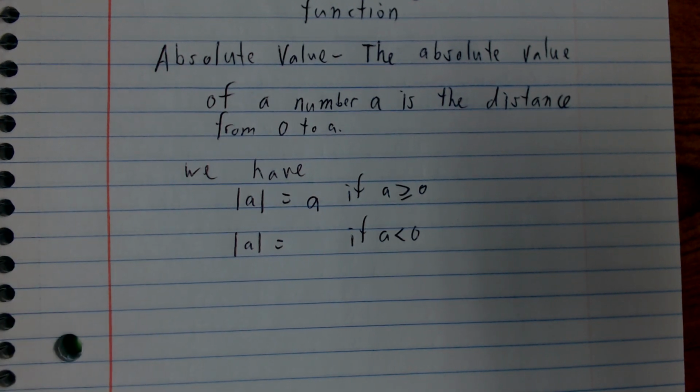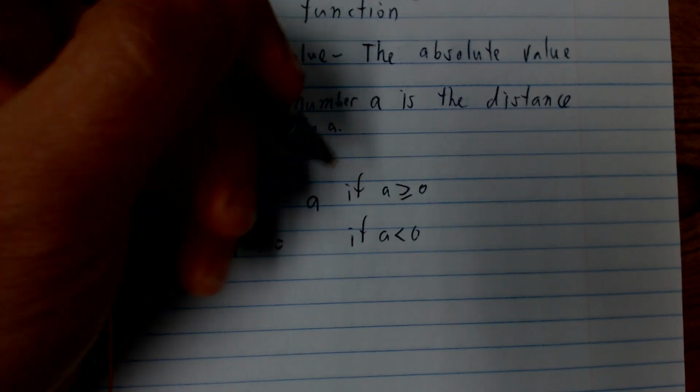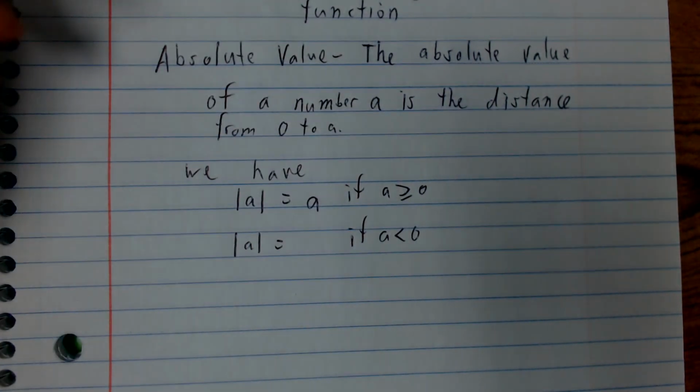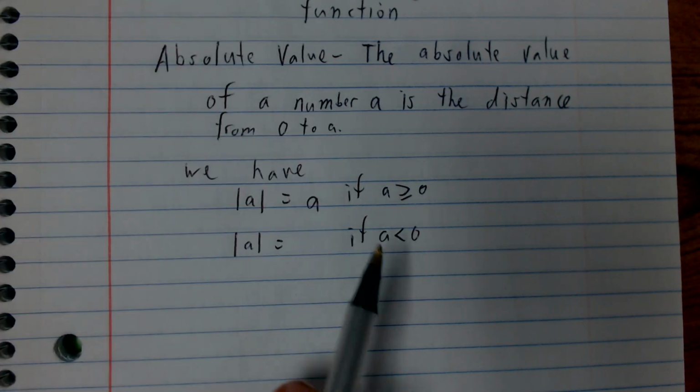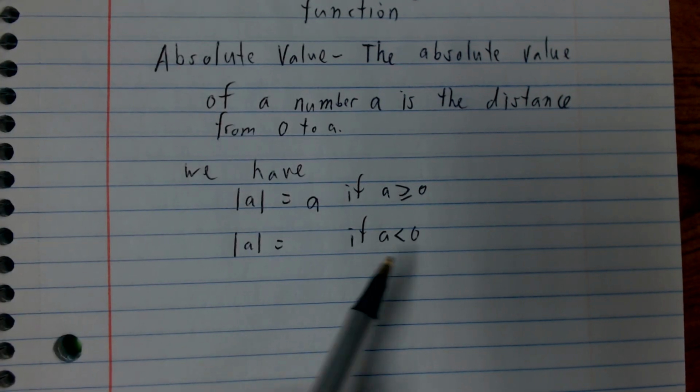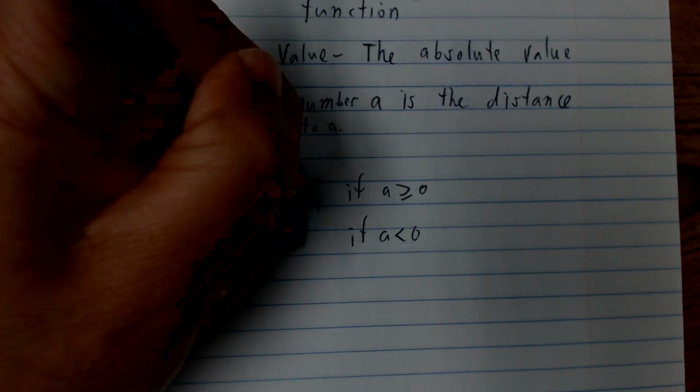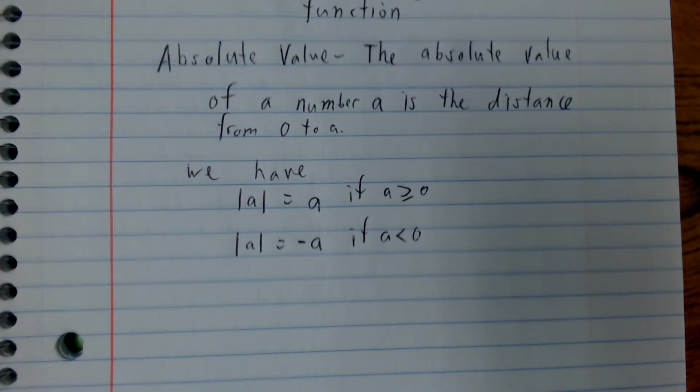And obviously we can't, because if a is less than 0 and I get rid of the absolute values, then I'm claiming that this absolute value is a negative number. So what adjustments do I need to make? In other words, if I'm removing the absolute values, what do I need to tack onto a where I'll force it to be a positive number? And the answer is you put an extra negative in front of it.